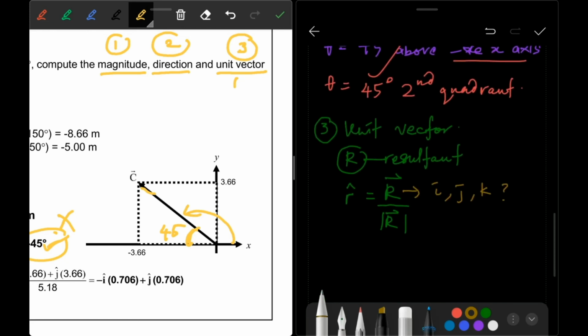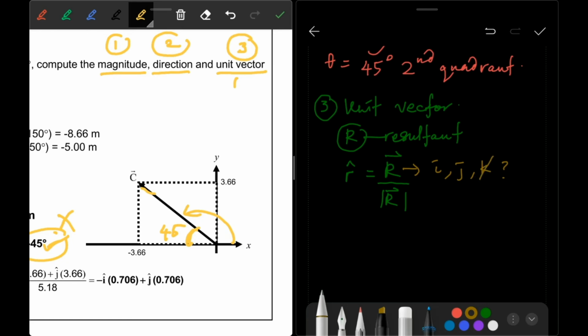So here there is no k, only i and j. So how are you going to write vector R in terms of i and j? Look at here, we go back to Rx. Rx is minus 3.66. And then Ry is equal to 3.66.